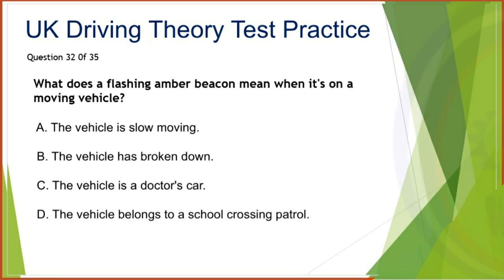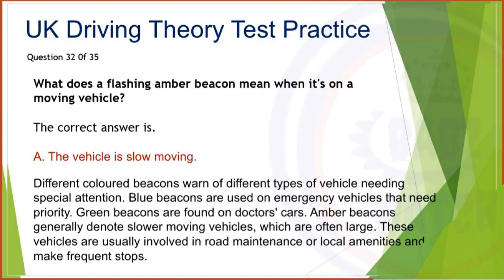Question 32 of 35. What does a flashing amber beacon mean when it's on a moving vehicle? A. The vehicle is slow-moving. B. The vehicle has broken down. C. The vehicle is a doctor's car. D. The vehicle belongs to a school crossing patrol. The correct answer is A. Different colored beacons warn of different types of vehicle needing special attention.